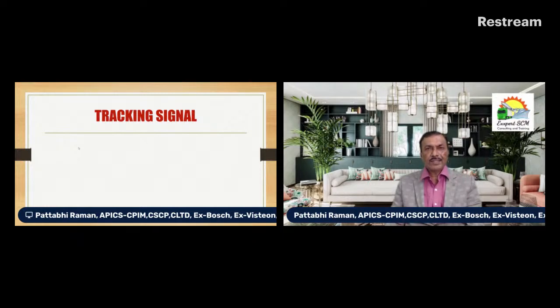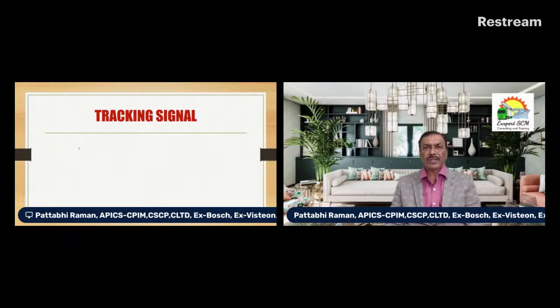Anyone aware of how you check tracking signal? This has nothing to do with logistics. Once again, we are still in the forecasting domain. Anyone aware of what tracking signal is? How do we calculate it? Bias over MAD.